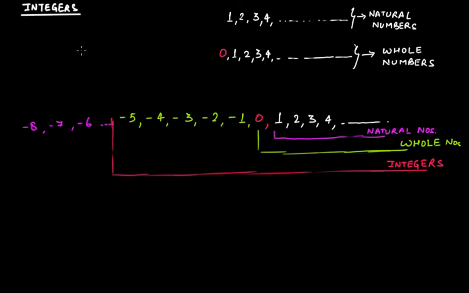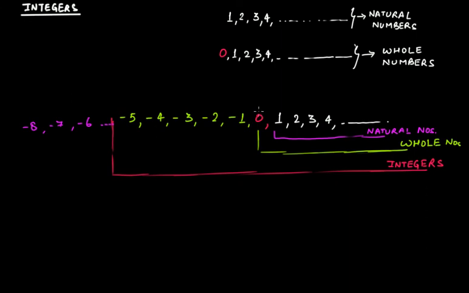So again I'll repeat, integers are all the negative numbers plus 0 and all the positive integers. So if you bring in the negative numbers in whole numbers, then that will make it integers, right? So integers can be positive, can be 0, and can be negative.